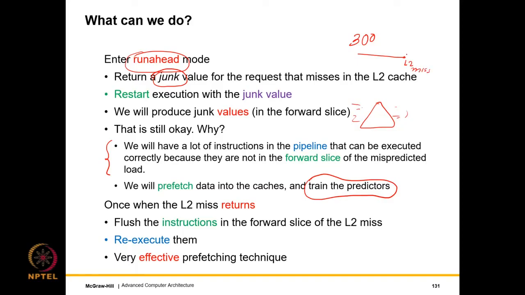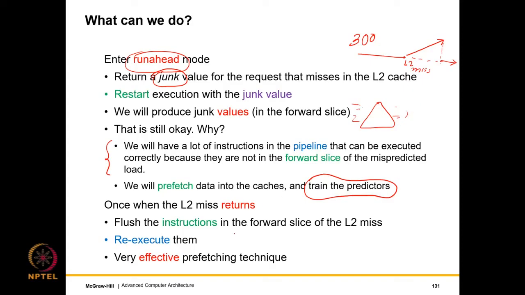Then we move in a different trajectory, which is a run ahead mode, until our L2 data comes back. Till that point of time, we don't do any useful work in the sense we don't update architectural state, but we execute those instructions that are not in the forward slice of the load that returned a junk value. They nevertheless do have an advantage, and the advantage is that they do the job of training the predictors and prefetching.